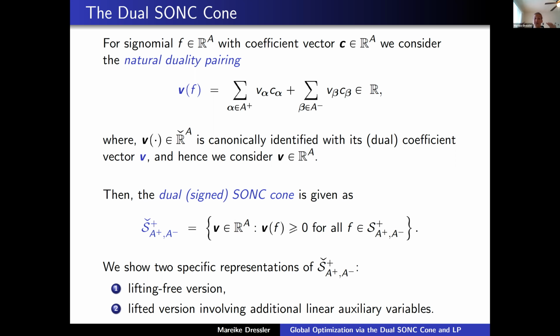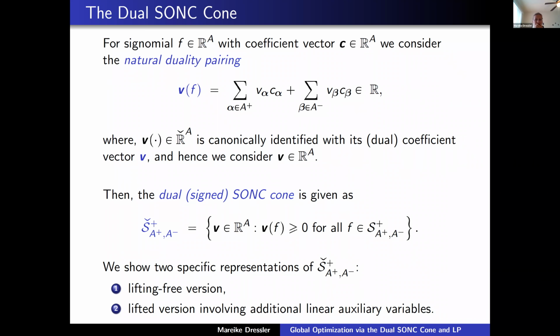So to say, one is a lifted version of this SONC cone, and we add as many auxiliary variables as we have interior points in our convex hull of the function. And we really, in what follows, need both representations of this dual SONC cone. Namely, the first one we use to show this containment of the primal and the dual, and we use the second one for our optimization purposes.